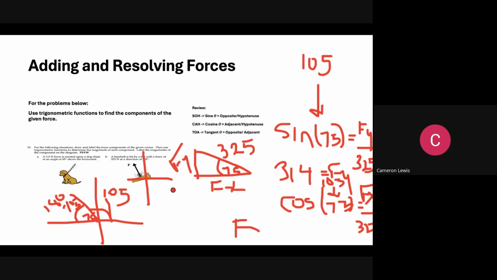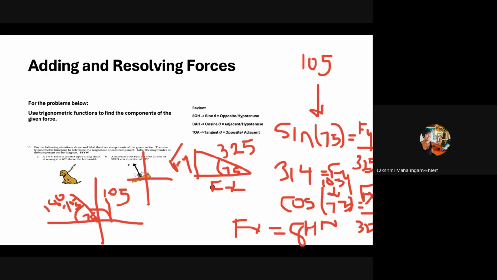I'm gonna do 325 times cosine of 75. I got about 84. Yeah, I got that too. Now, did you get 84 or did you get negative 84? I got negative 84, which I guess makes sense because it's on the left side of the graph.